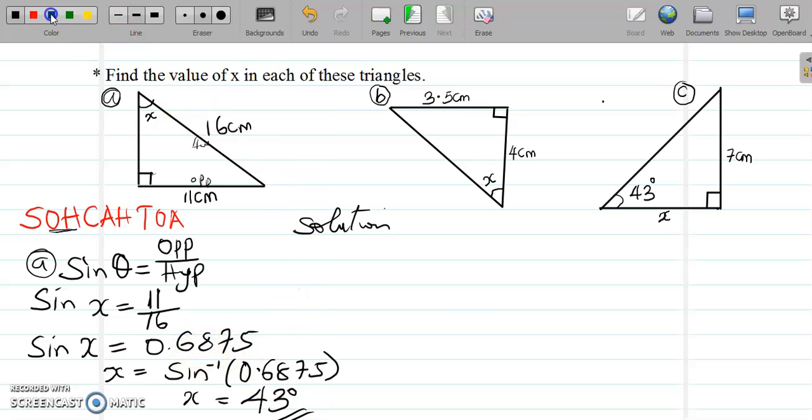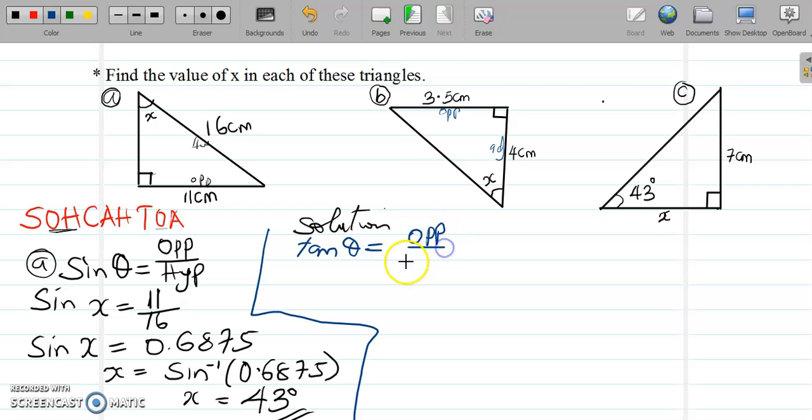Now in the second part, here is opposite, hypotenuse, and here is adjacent. So which one contains opposite and adjacent? Tan. Therefore tan theta is opposite over adjacent, and theta is x.